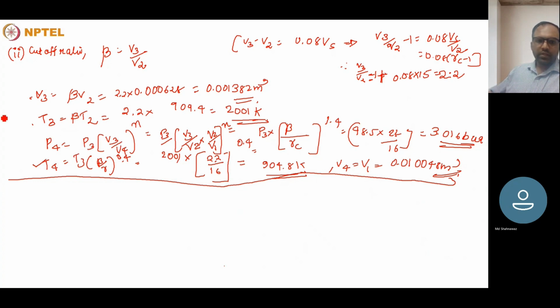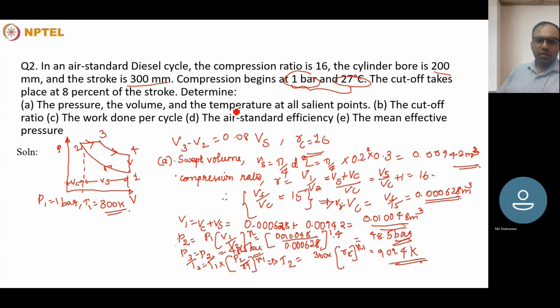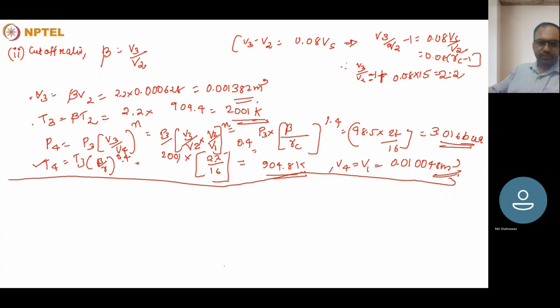We have got the temperatures and pressures at each and every point. So we have achieved the first objective and the second objective in the meantime. Now we need to calculate the work done per cycle. Work done per cycle will be equal to heat supplied minus heat rejected, so it will be Q23 minus Q41.